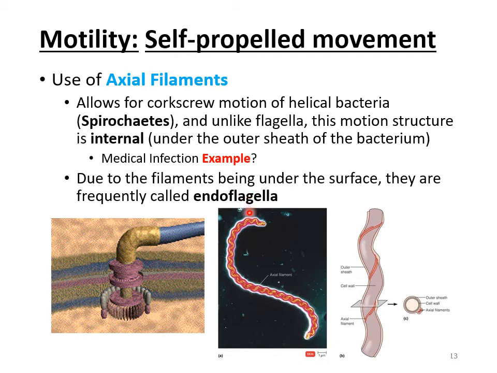Okay, so it's right under their outer structure. With axial filaments, the bacteria that use that will gyrate in kind of this spiral motion in order to get around, and they'll be able to corkscrew around, which is important in that for some of them, like the bacteria causing syphilis, it also allows them to embed themselves into your tissue, into your organs, okay, by doing that corkscrew movement with the axial filaments.